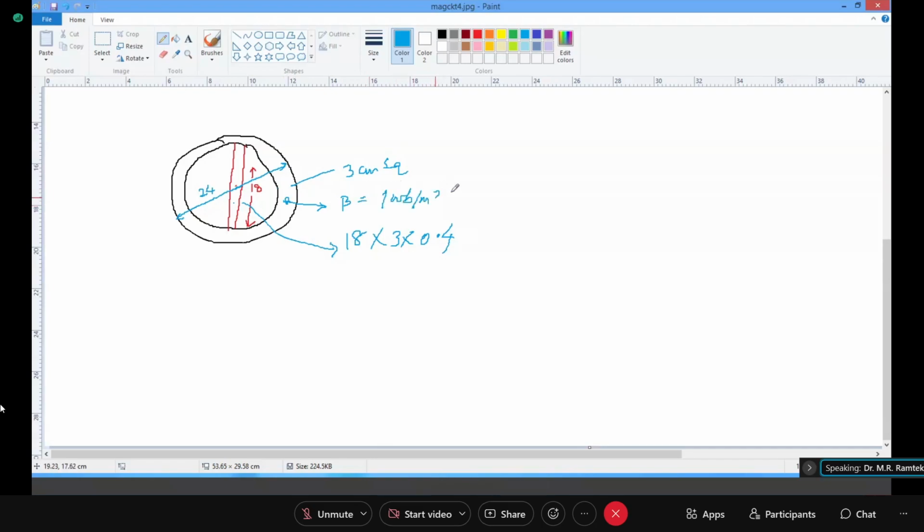So you have to find how much MMF you should apply here. This is the coil. I am putting the coil on this side, and in the other half I need this much density. So find out. I will give you the BH values like this.